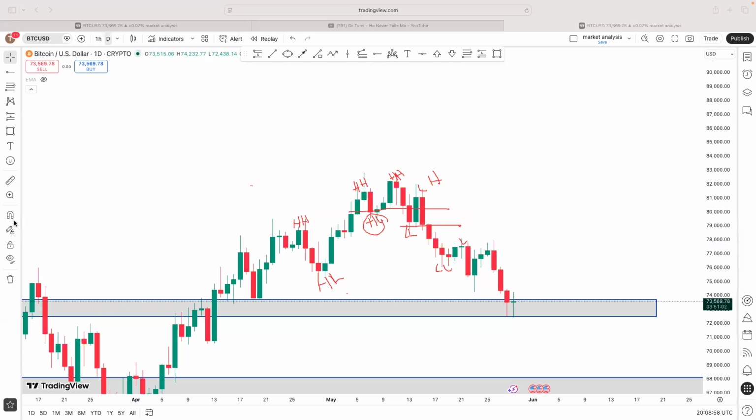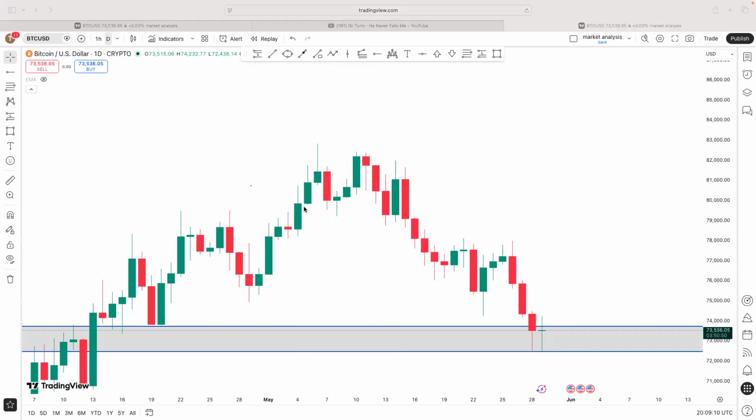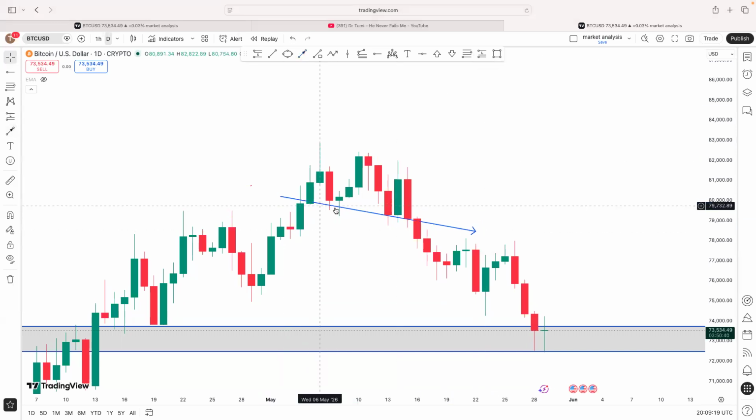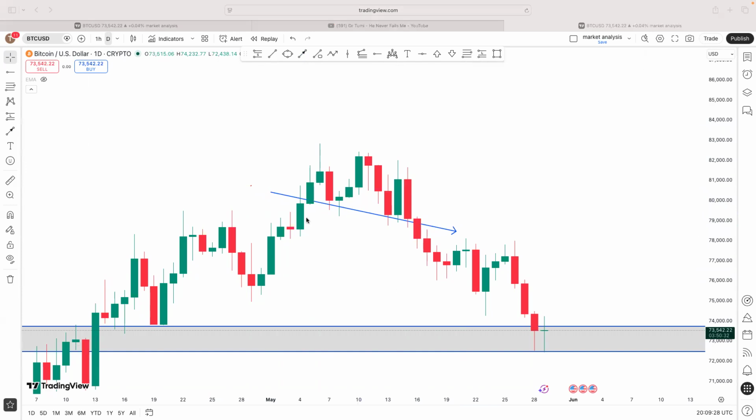Now look at this. At the top, when the market was reversing, there is what we call a diagonal head and shoulder that was formed. So if you look at here, this is the left shoulder, this is the head, this is the right shoulder, right?